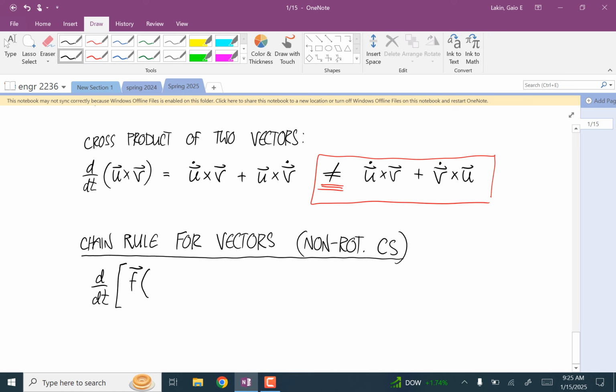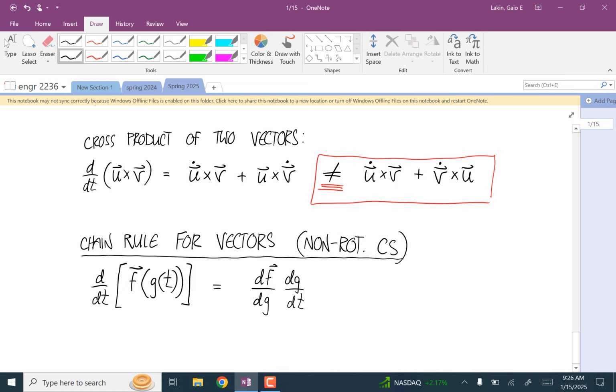And that function f is a function of, make that a g, the scalar function g of time. Okay, so then this is equal to df, where that f is a vector, with respect to g, times dg dt.